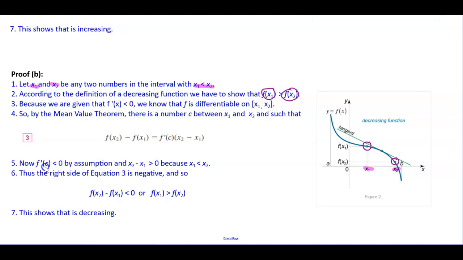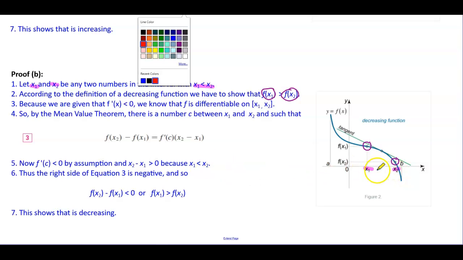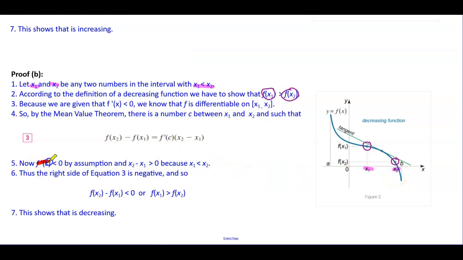Now f prime of c, according to our assumption for proof B, is less than 0, meaning it's negative. And x2 minus x1 is greater than 0 because x1 is less than x2. Because f prime of c is negative, the right side of the equation is going to be negative, because of the slope being negative.